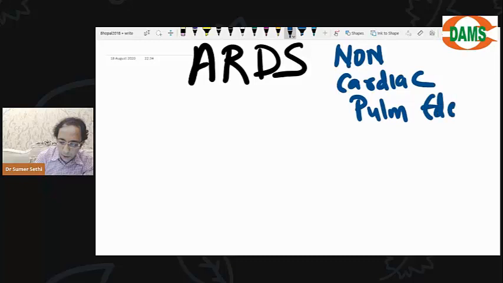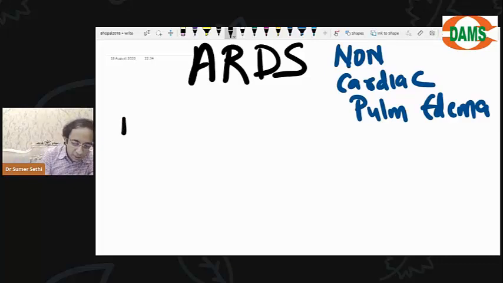pulmonary edema. If there is a disease process like pancreatitis or COVID pneumonia, you might have heard of this before, that coronavirus is causing an immune response.